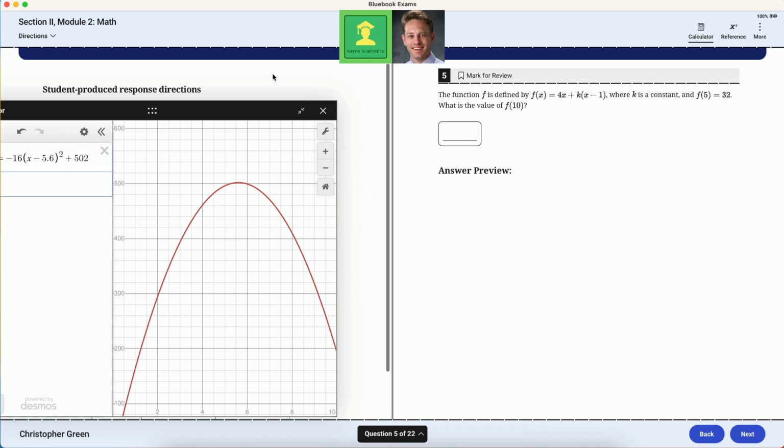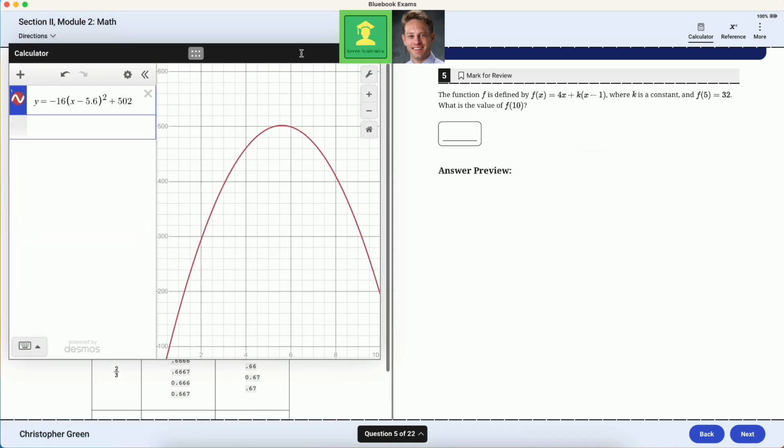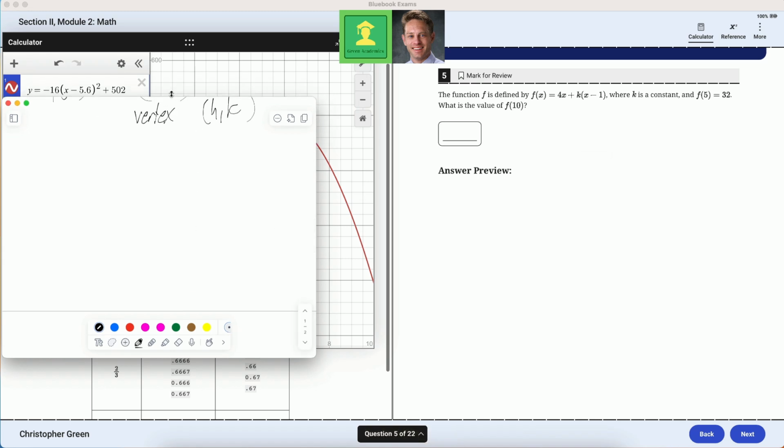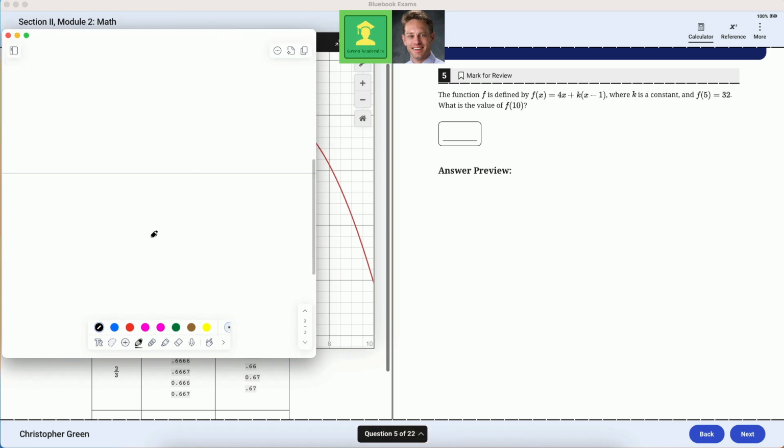Function f is defined as that, where k is a constant and f of 5 equals 32. Well, whenever it gives you an equation and also a point that happens to be on the equation, they want you to plug that in to get more information. So if f of x is 4x plus k times the quantity x minus 1, and it contains the pair 5, 32.